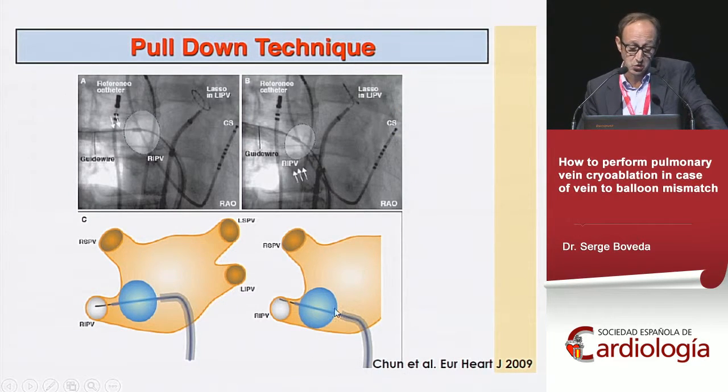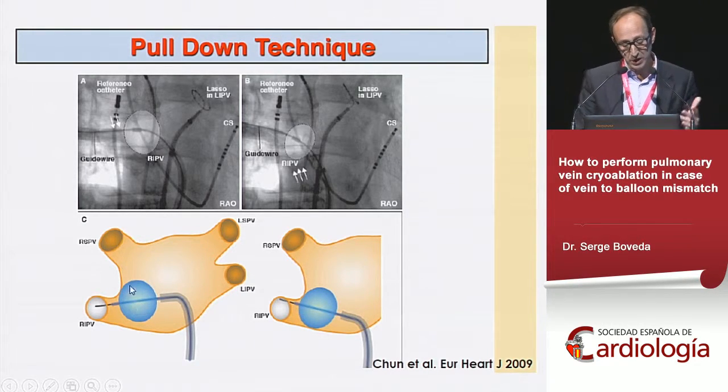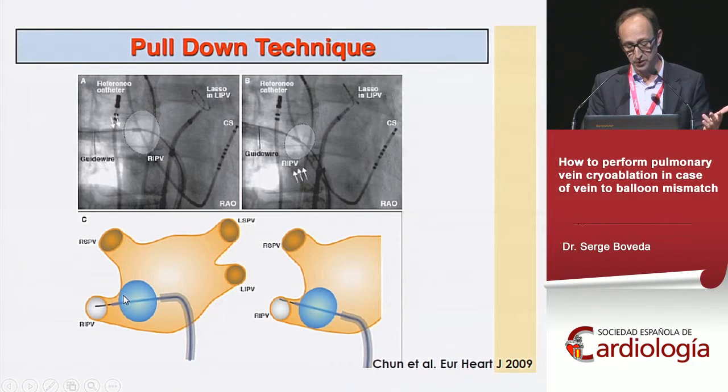We also use quite often the pull-down technique, namely for the right inferior pulmonary vein. We begin to freeze on the roof of the vein. When it's difficult to occlude the vein, we can sometimes leave a little gap in the posterior part of the vein. Once we begin to freeze, we do a gentle pull-down in order to close this gap and finally disconnect the vein.